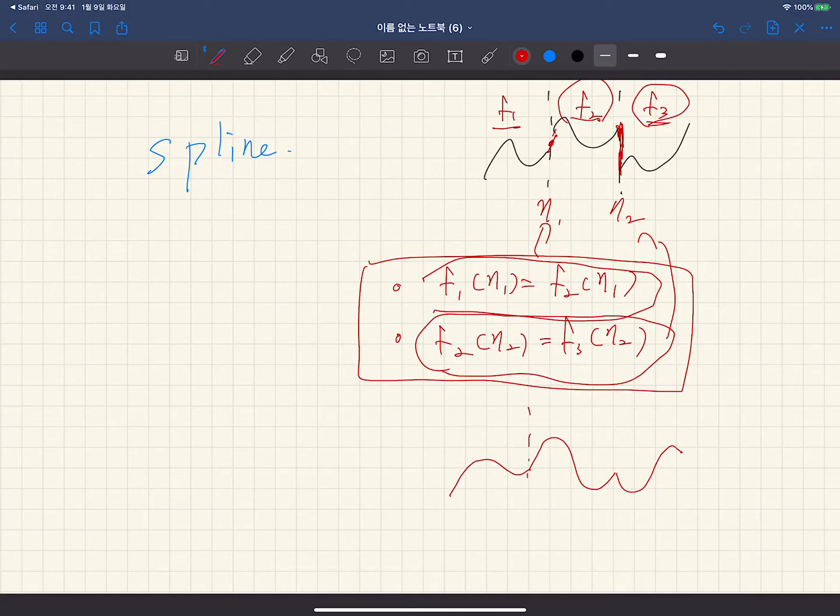Okay, so this function becomes continuous, right? But still, this function is unnatural.